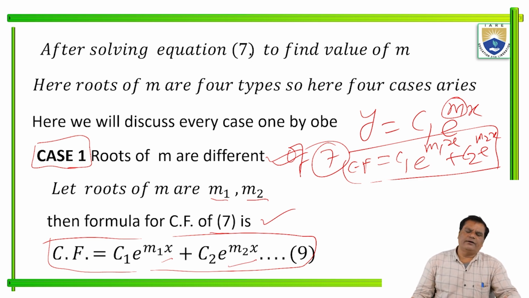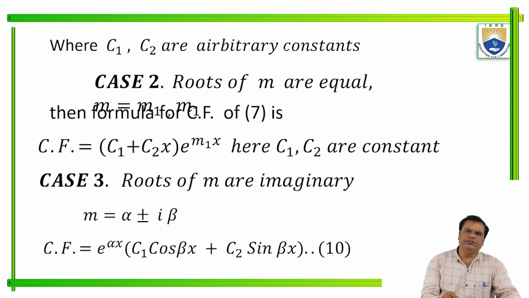So the CF of the given equation is C1 e to the power m1x plus C2 e to the power m2x, where m1 and m2 are the two values of m in the auxiliary equation, and C1 and C2 are arbitrary constants.